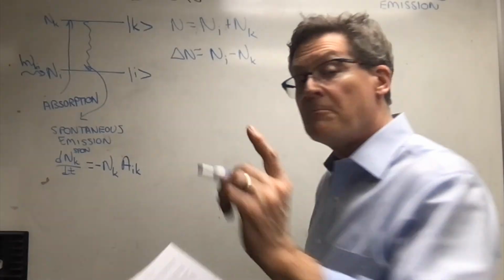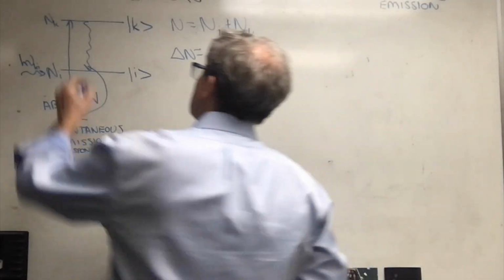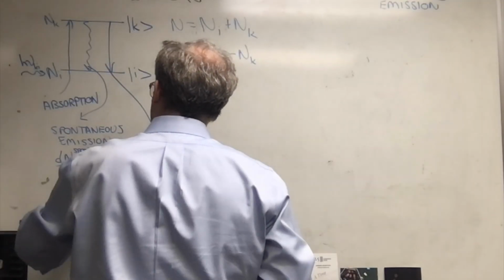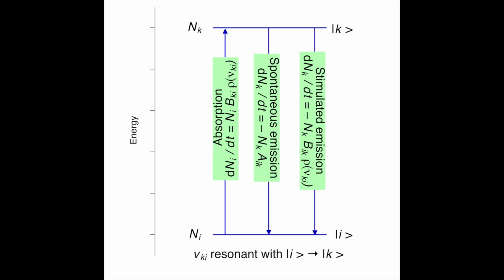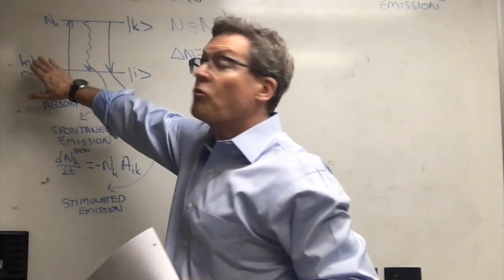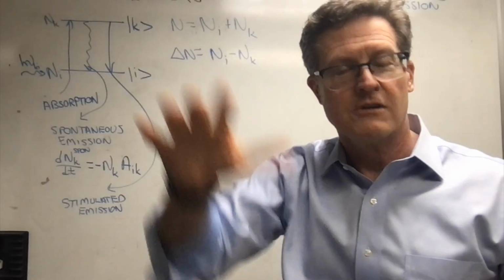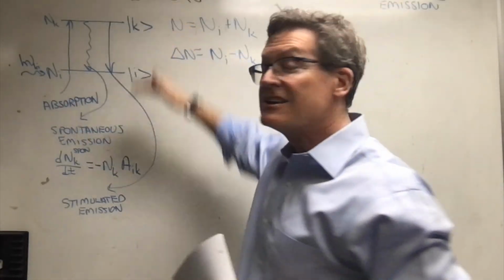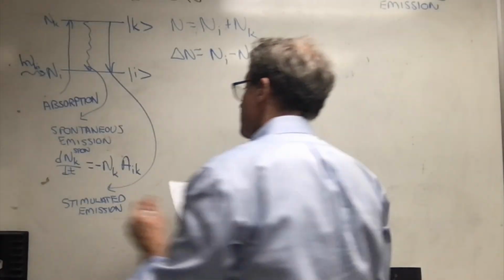But there's a second way for light to come back down, and that's stimulated emission. If we have resonant power applied to this system, resonant photons can also stimulate emission coming back down.